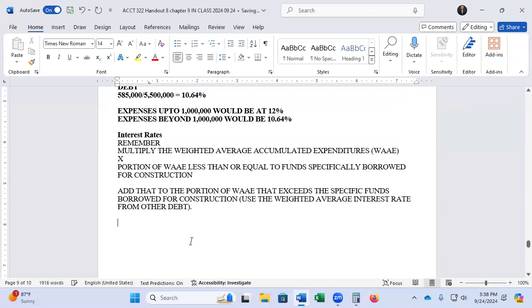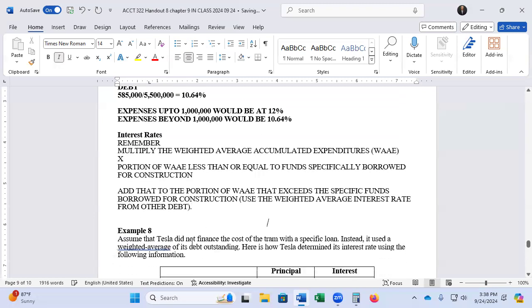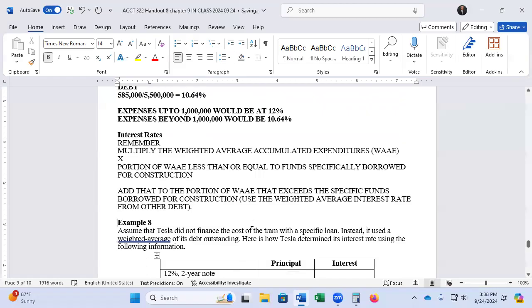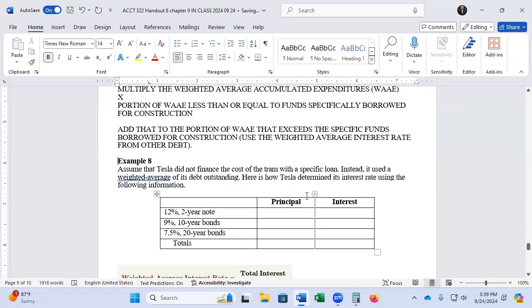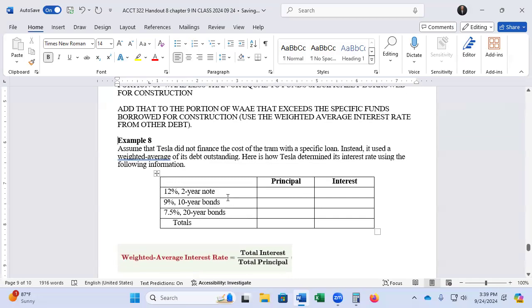And our last example for today. Assume that Tesla did not finance the cost of the tram with a specific loan. Instead, it used weighted average of its debt outstanding. Here's how Tesla determined its interest rate using the following information. So we have a 12% 2-year note. That principal is $600,000.